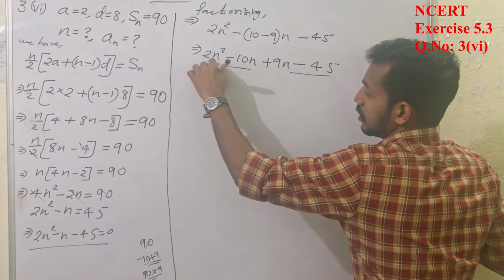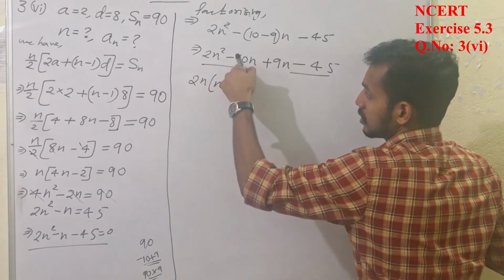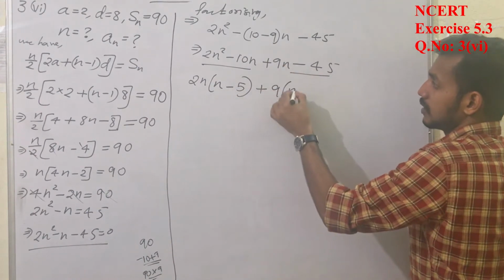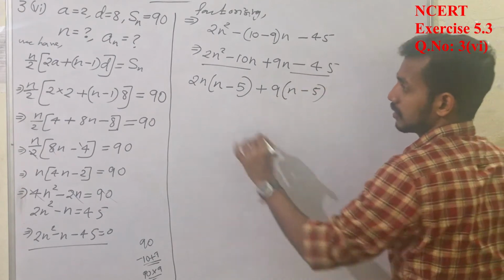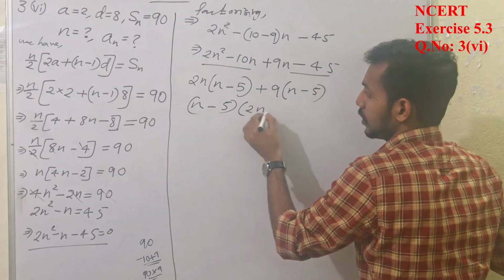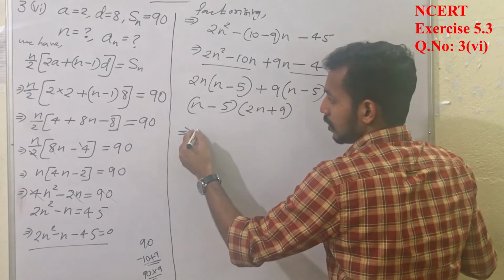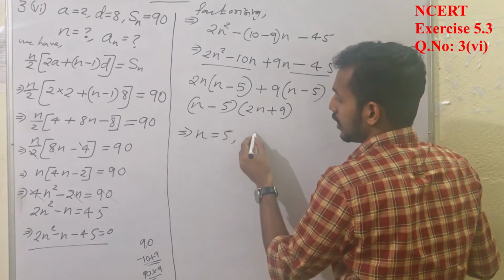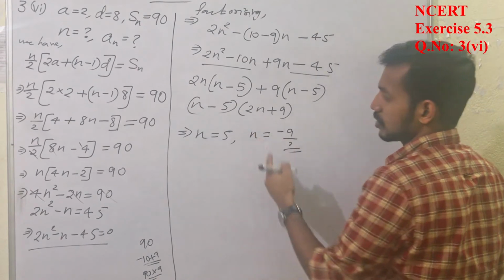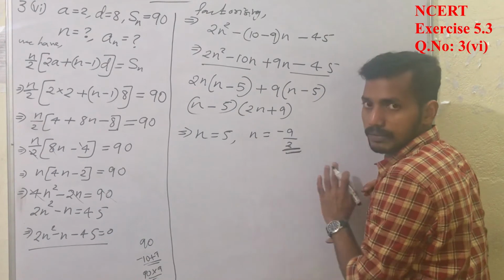Now here 2n is common, taking out, so 2n into n minus 5, plus here 9 is common, taking outside, remaining n minus 5 will be here, and n minus 5 is common, so take outside into 2n plus 9. That implies n is equal to 5 and n is equal to minus 9 by 2. N cannot be negative or a fraction.